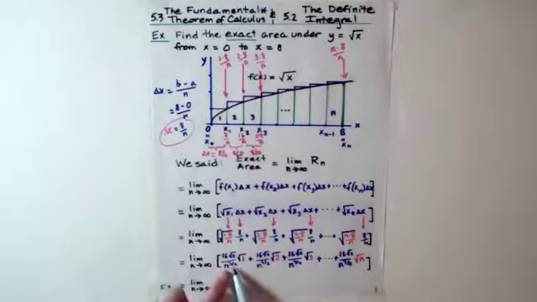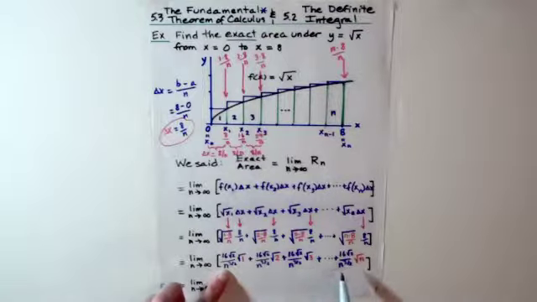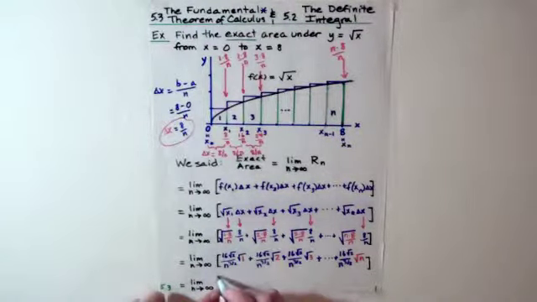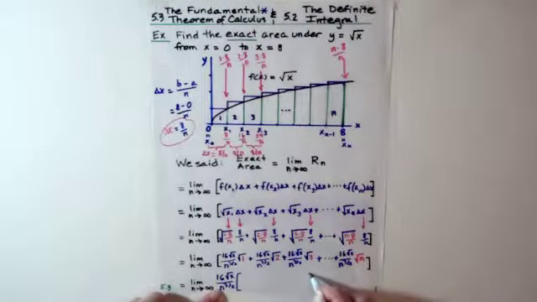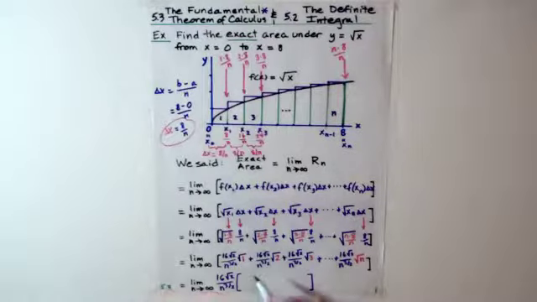Notice that all of these terms have this common factor of 16 root 2 over n to the 3/2. So I'm going to pull that out. 16 root 2 over n to the 3/2. And what would I have left if I pull that out? Well, I'd have these things that are in red.